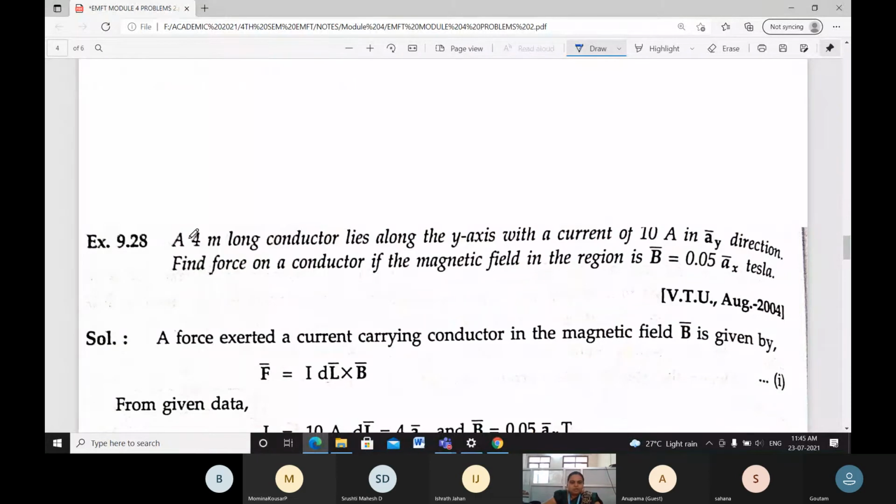And the next problem is: a 4 meter long conductor lies along the y-axis with a current of 10 amps in AY direction. Find the force on the conductor if the magnetic field in the region B is given as 0.05 AX Teslas.